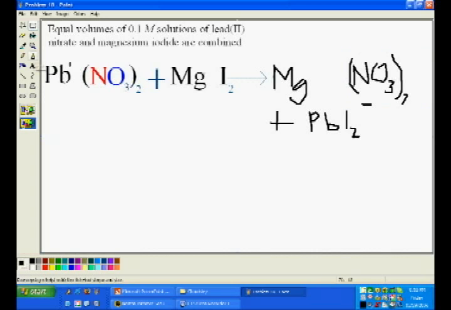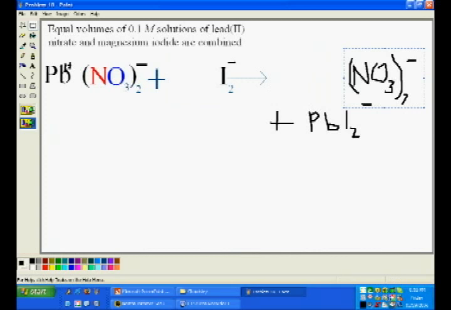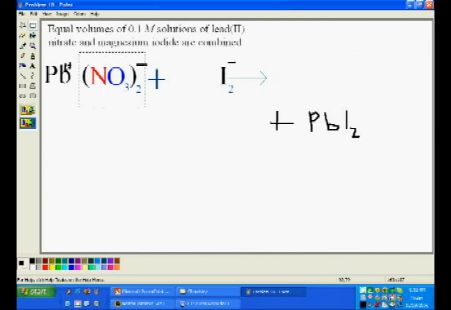In this situation, the spectator ions are magnesium and nitrate, for these two do not change. Here we will remove them from the equation because they are irrelevant. What is remaining is the actual reaction between lead 2 plus and iodide minus to form lead iodide.